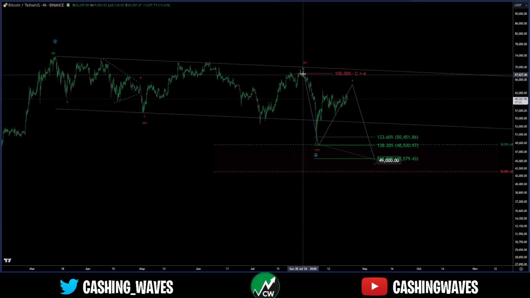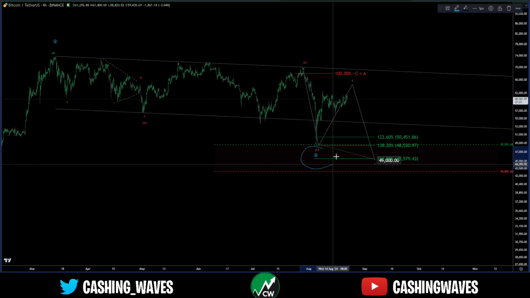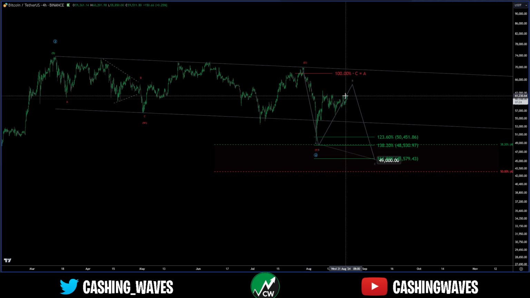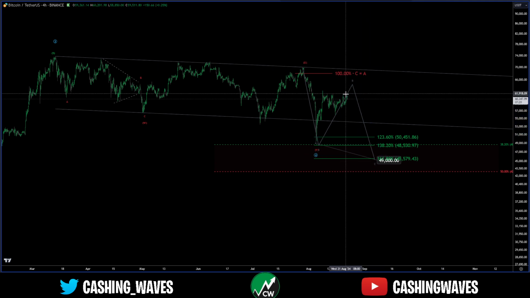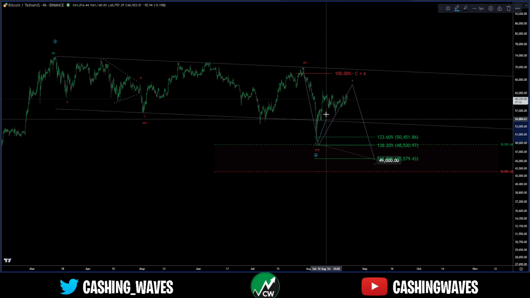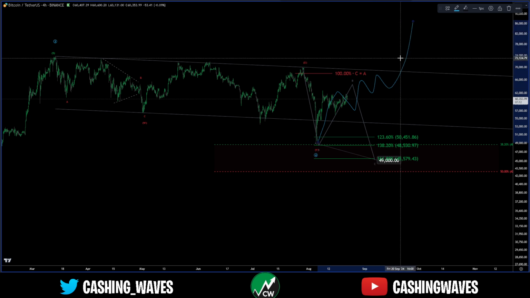Reason being is this can be counted as 3 or 5 waves, so either complete as a WXY for our fourth wave, or if it's 5 waves down, potentially we might need another move to the downside, although I don't think that would happen quite yet. So that's the bearish scenario. The bullish scenario is we just continue on from here in a 5-wave move.